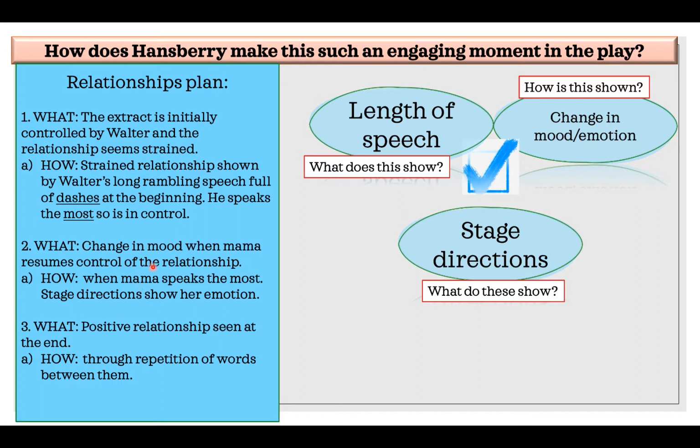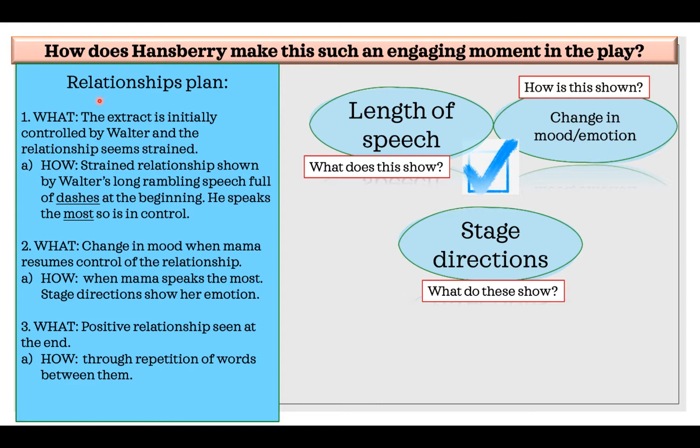So my first point: the extract is initially controlled by Walter and the relationship seems strained. Now notice how I've decided that my focus for this essay is going to be relationships. You may not decide to do it that way. If, for example, you've watched my separate lessons, you'll notice that actually that one wasn't constructed in the same way.